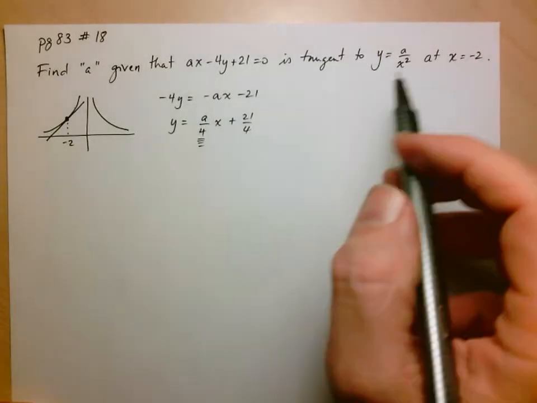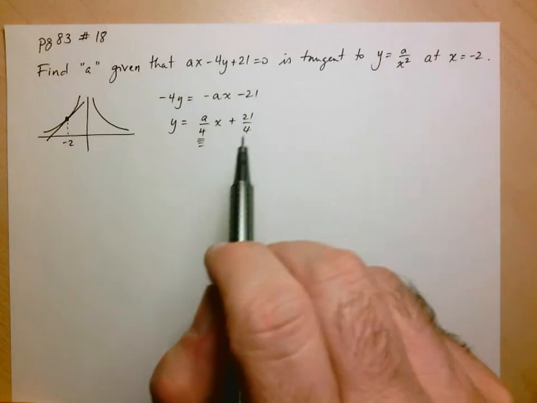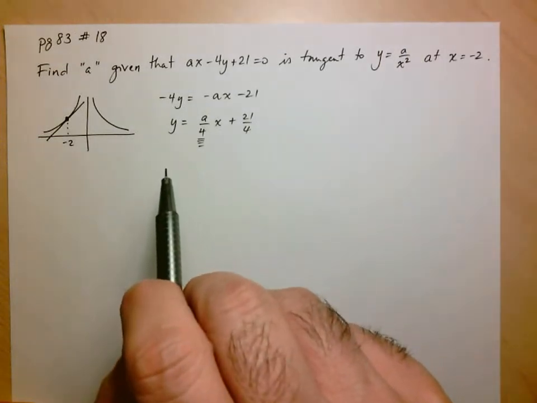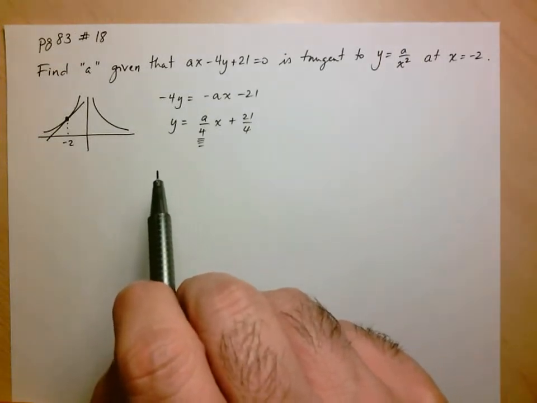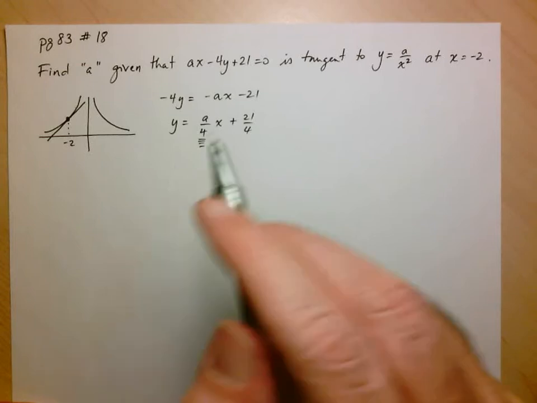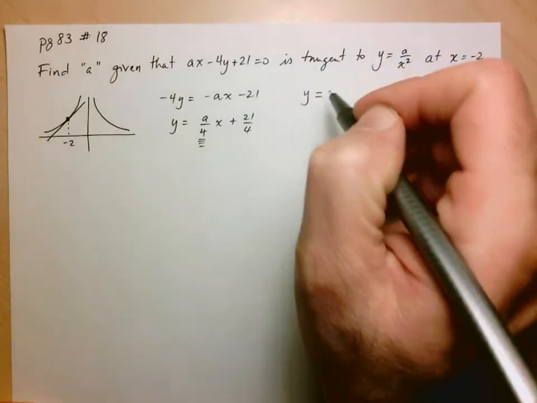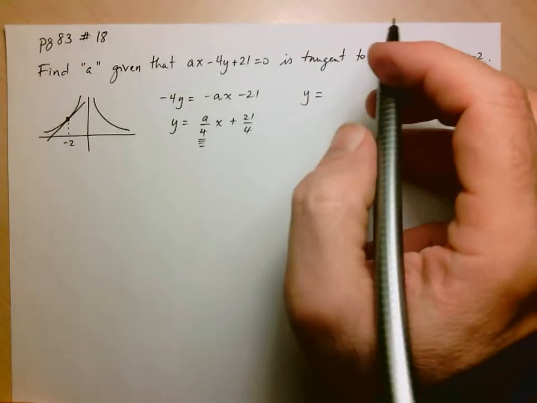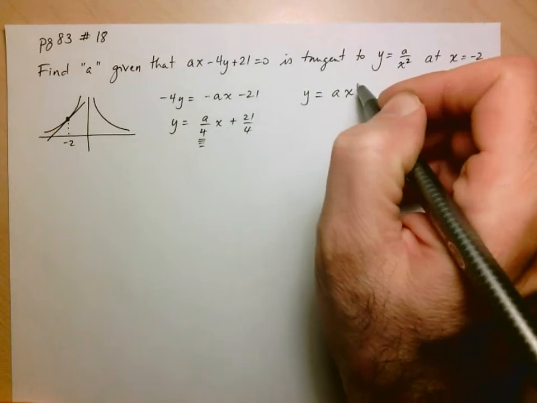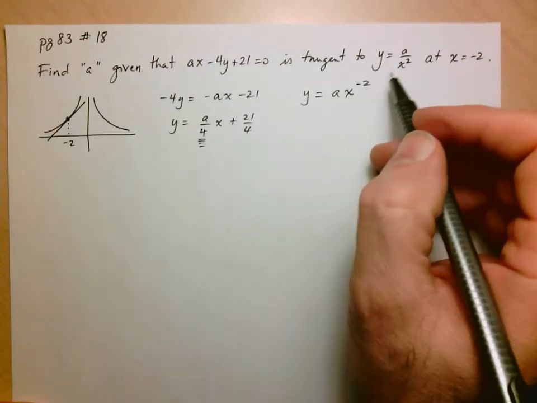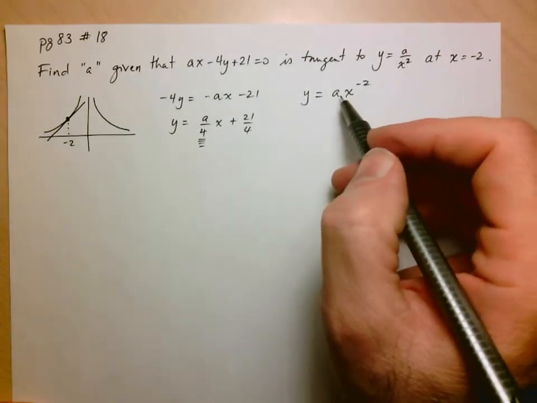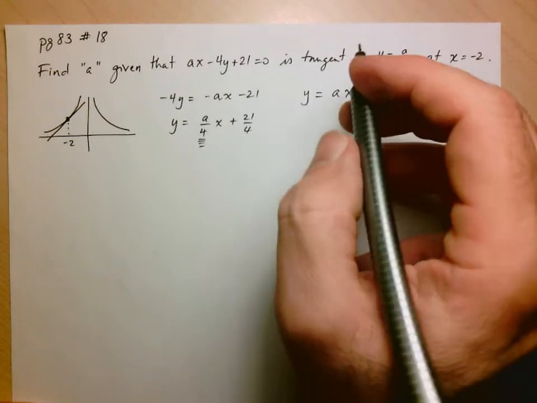So let's try to find the derivative of this function at x equals negative 2 and see if that helps us out. Again, I'm going to rewrite y. Instead of a over x squared, I'm going to write it as a times x to the negative 2. We have to get used to rewriting these things in such a way that we can use our rules to determine the derivative.